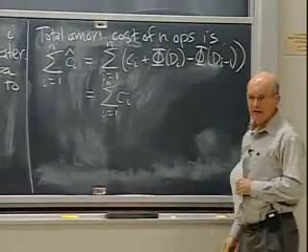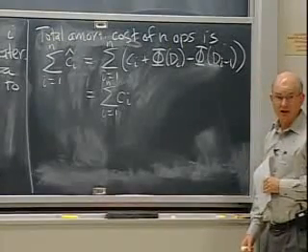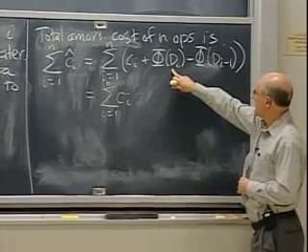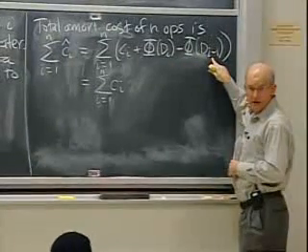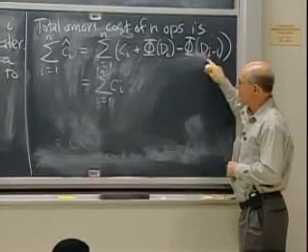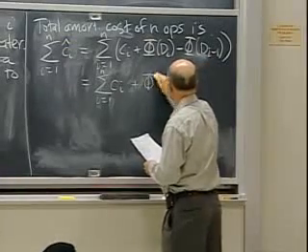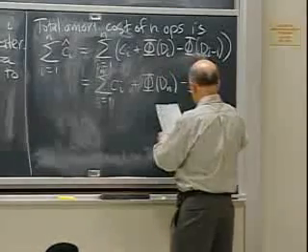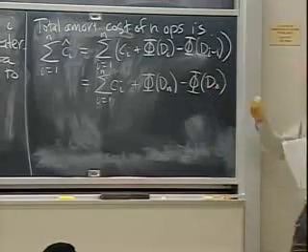What's the mathematical term we use for it? Telescopes. Every term is added in once when it's I and subtracted out when it's I minus 1, except for the first and last terms. The term for n is only added in, and the term for 0 is only subtracted out. So this is because it telescopes.